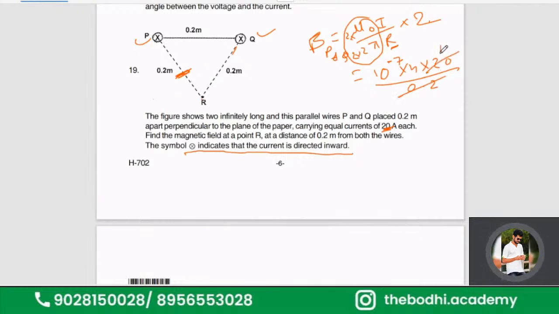So this cancels, 2 times the 20, and we'll have one extra 0. That will be 100. So 100 times 4 is 400, the 2 zeros will cancel. So we'll have 4 into 10 to the power minus 5. Minus 7 plus 2, right? It's going to be 4 times 10 to the power minus 5 Tesla. Final answer.